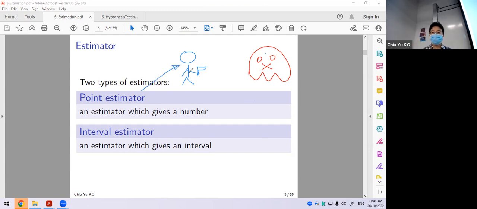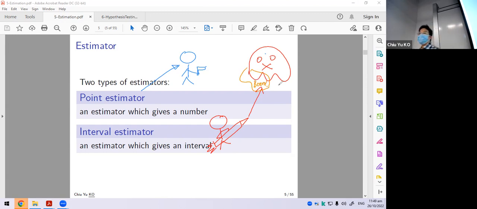And what is an interval estimator? It's like this. You have a rocket launcher, and then you hit and bomb.